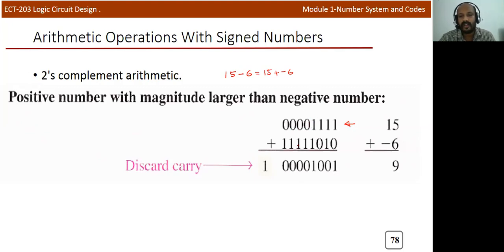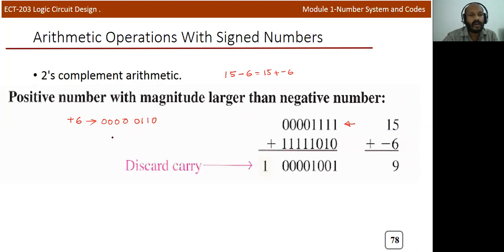The second one is the two's complement representation of minus 6. In order to find the two's complement representation of minus 6, first we need to write plus 6 in sign magnitude representation. We are using 8 bits. So first we'll write the binary sequence of 6, that is 110, and we need to represent it in 8 bits. This will be the 8-bit representation of plus 6.